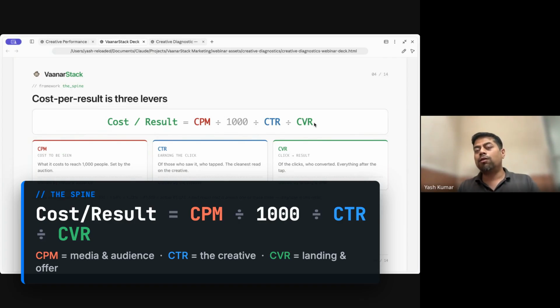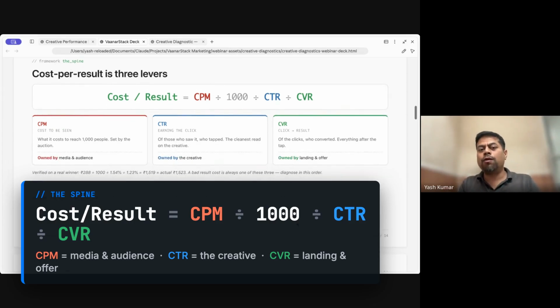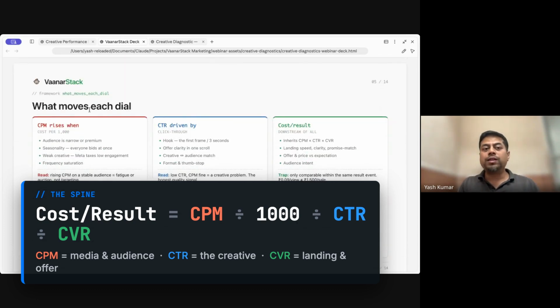These three rates give us insights into what part of the funnel is right or wrong. Cost per impression is basically the media and audience; click-through rate is who tapped; and conversion rate is, after tapping and landing on a page, how many people actually filled the lead form, or whatever your conversion goal is. Now, what moves each dial?